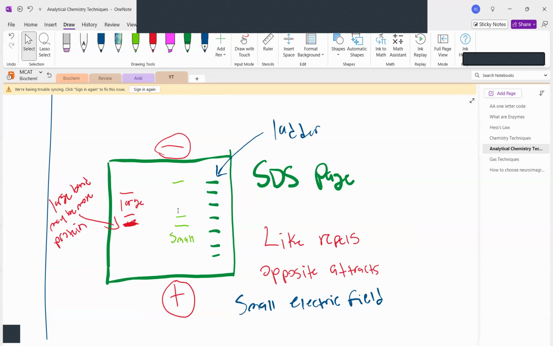The larger your protein is, the less far down the page it will travel. Another distinction is that a large band in an SDS-PAGE can signify there may be more protein there than in a different one.